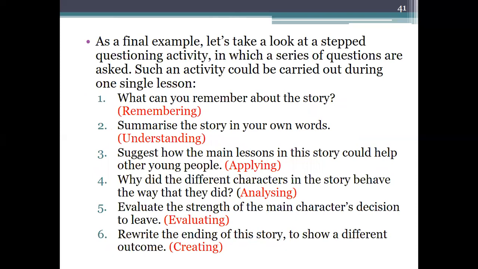So as a final example, let's take a look at a step questioning activity in which a series of questions are asked. Here, there is a simple question for all the levels. Question one, for remembering, would be like, what can you remember about the story? He has read a story, and then a question is asked to recall something from that story.